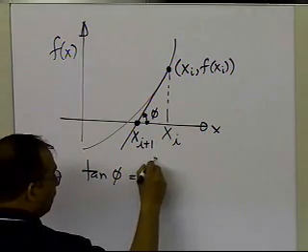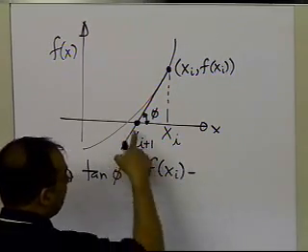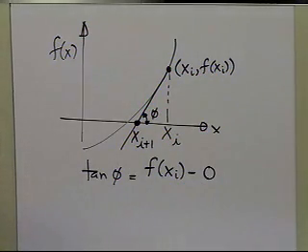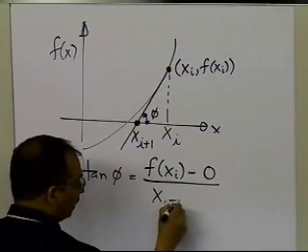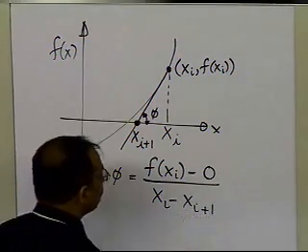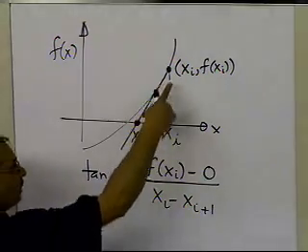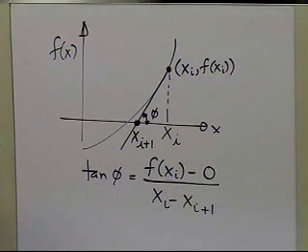So the rise will be the value of the function at x of I minus the value of the function here, which is 0, because we're checking where the tangent line is crossing the x-axis, divided by the run, which will be x of I minus x of I plus 1, the difference between these 2 points. That's the rise, and this is the run between the 2 points.